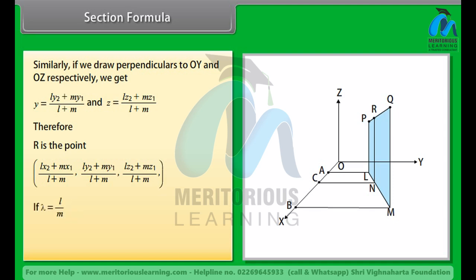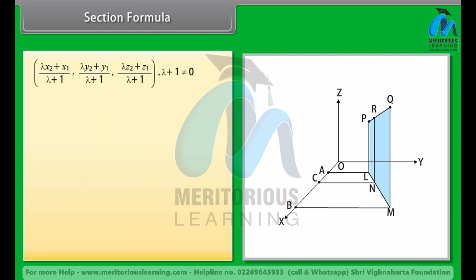If lambda is equal to l by m, then the coordinates of the point R which divides PQ in the ratio lambda is to 1 are ((lambda x2 plus x1) divided by (lambda plus 1), (lambda y2 plus y1) divided by (lambda plus 1), (lambda z2 plus z1) divided by (lambda plus 1)), lambda plus 1 not equal to 0.